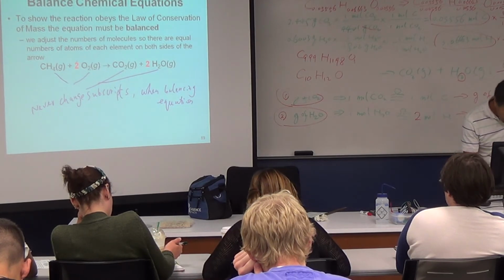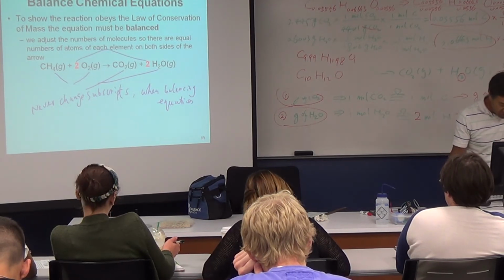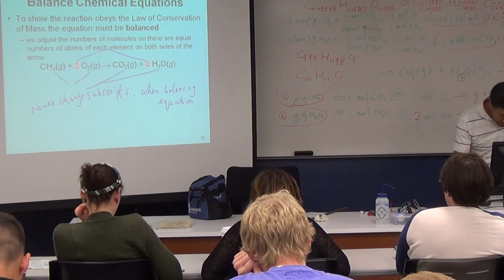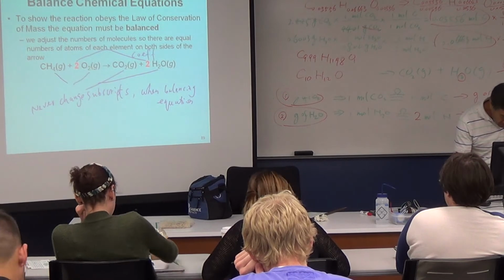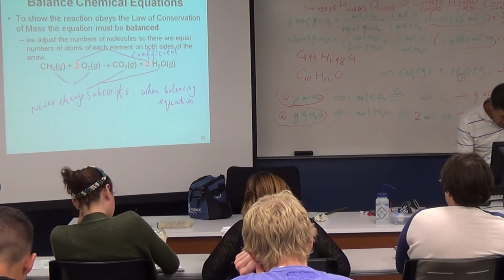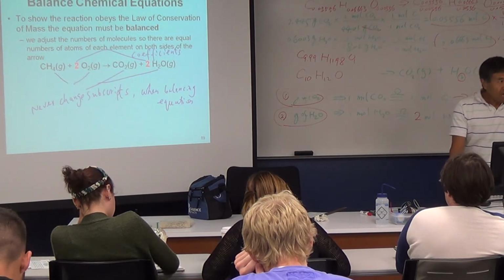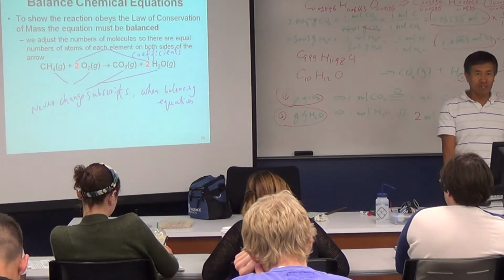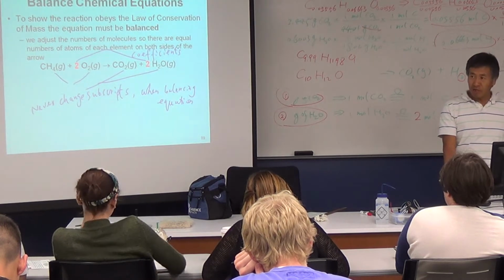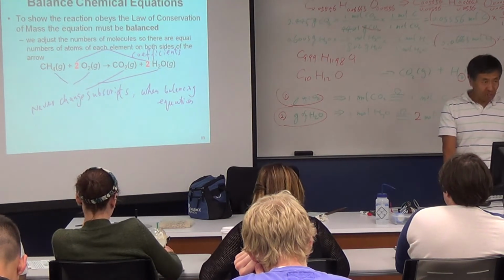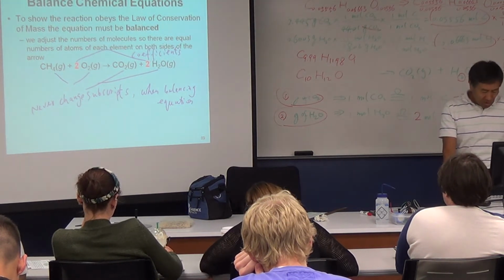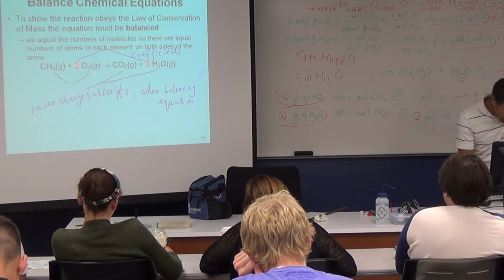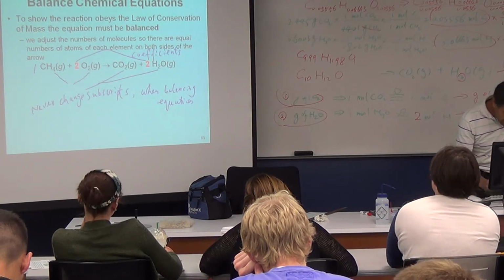Right. So this number here, does anyone know what we call these numbers? Coefficients. Okay. Every formula in the equation has a coefficient. We have 2 coefficients here for oxygen gas and water vapor. What are the other coefficients? 1 and 1. Very good. So this is omitted, this is omitted.